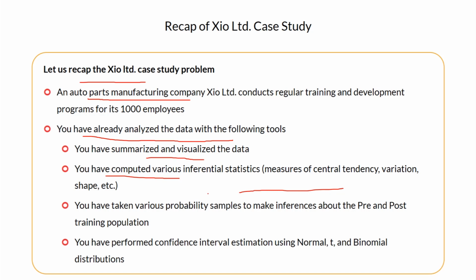You extracted samples from the original data using various probability sampling techniques such as simple random sampling, systematic sampling, stratified sampling, and cluster sampling. You analyzed these samples with all the analytical tools learned in the inferential statistics module. You also performed interval estimation techniques using normal distribution and t-distribution to generate confidence intervals.